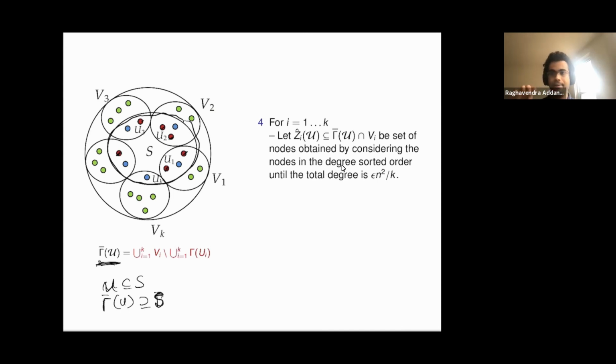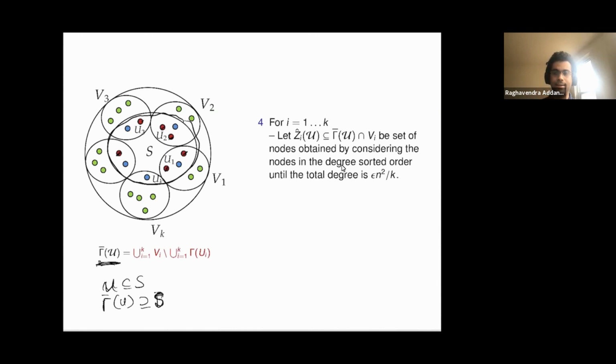After that, we now have a subgraph which is sparse to some extent, and we have to pick the nodes which will give us the required cost. So we can't just pick nodes which are lowest degree in this tau bar of U, because that might result in us picking low cost nodes with low degrees.